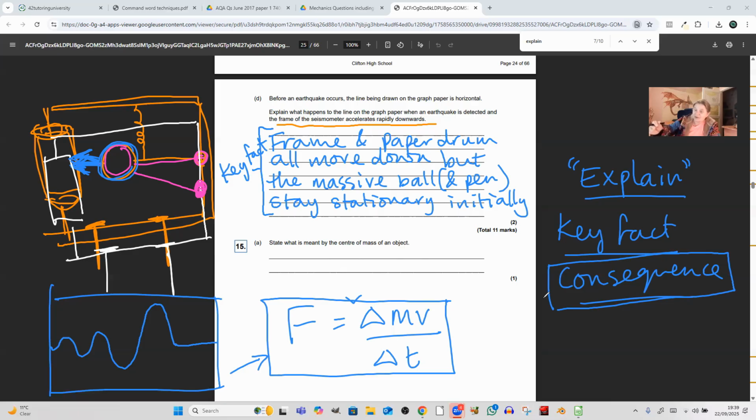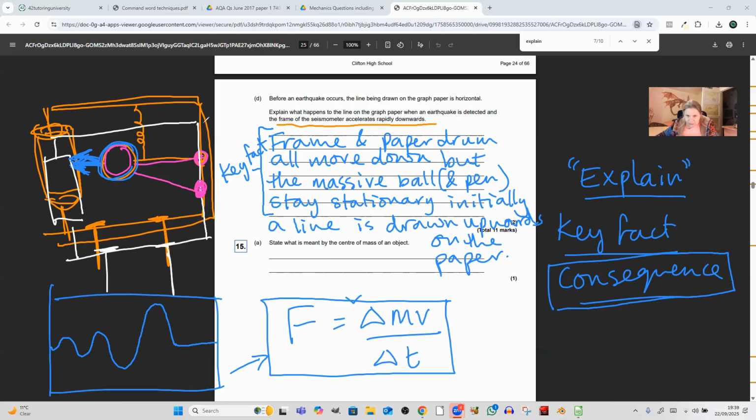Yes, exactly right, Safira. The line gets drawn upwards. Can you see that's the consequence? So a line is drawn upwards on the paper. It goes up, yeah?